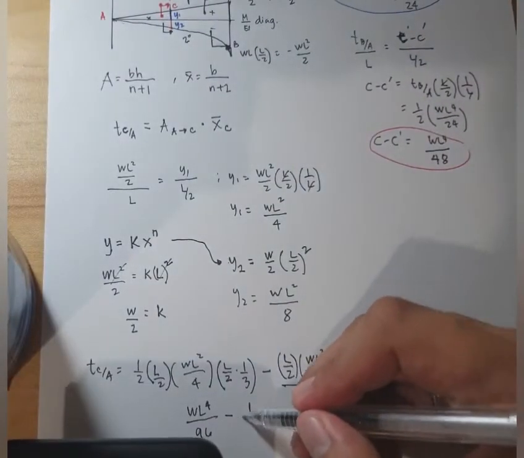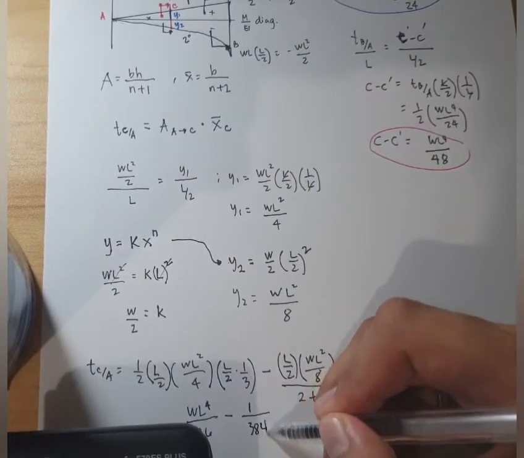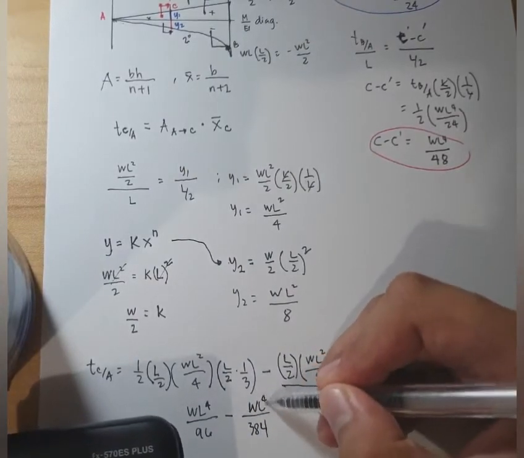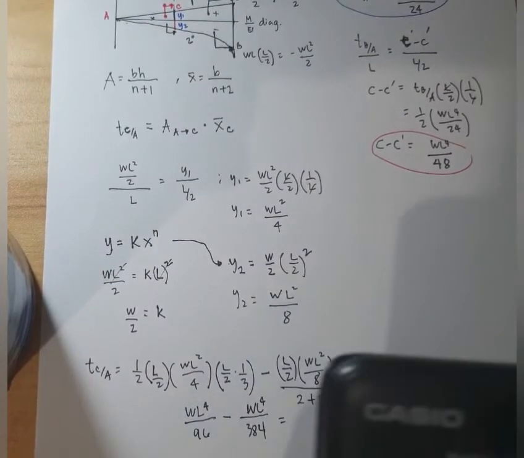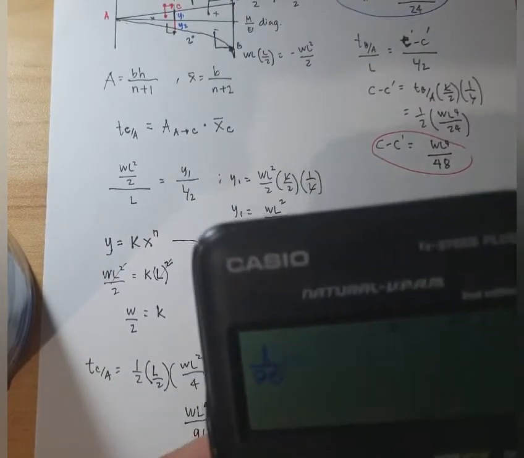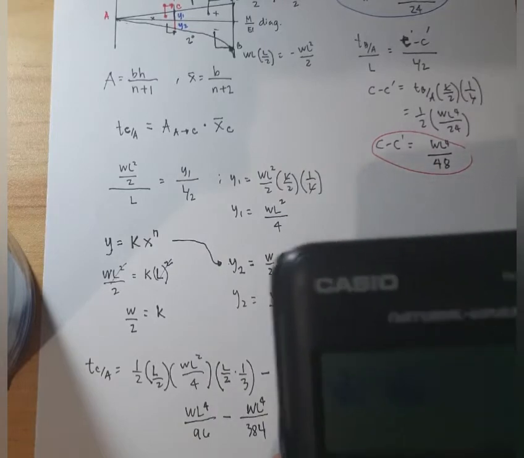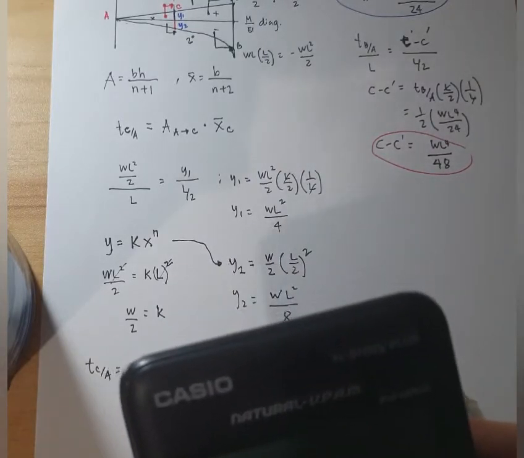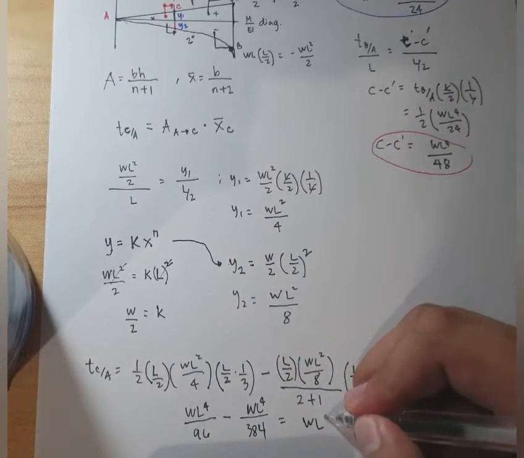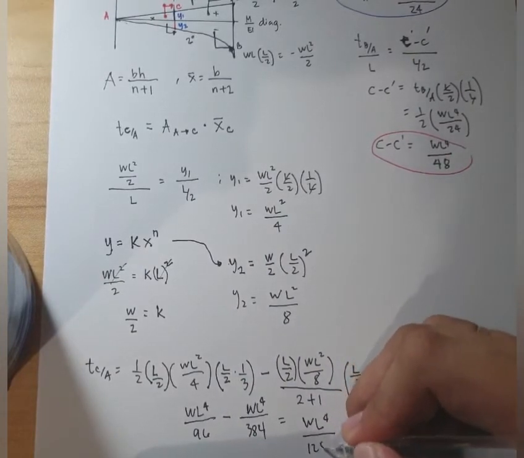So minus 1 over 384. I mean WL to the 4. So 1 over 96 minus 1 over 384. You have the value of TCA, WL to the 4 over 128.